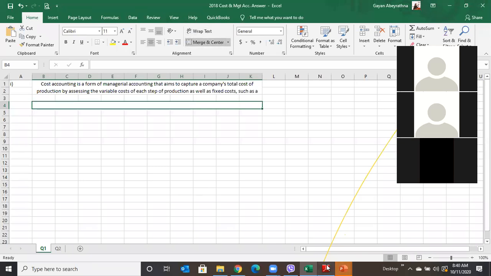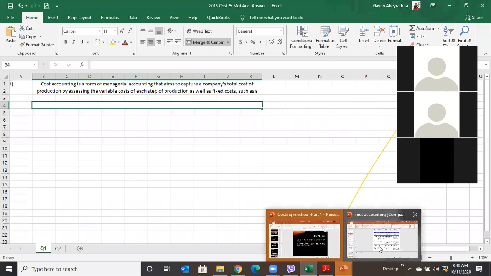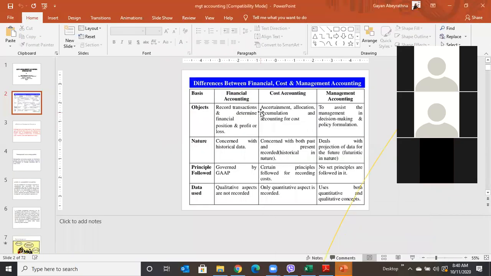Here we have discussed something within the classroom as objectives. We can see ascertainment, allocation, and accumulation of cost, and accounting for cost. That is the main objective of this.